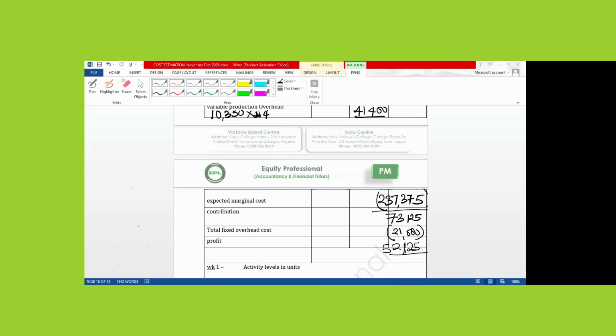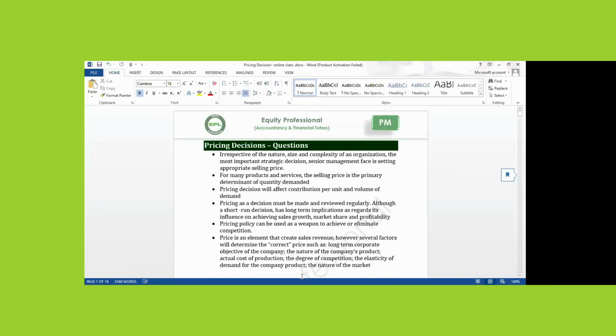Pricing decision. Please confirm, somebody confirm. Can you see my new screen? Yes, I can see it.